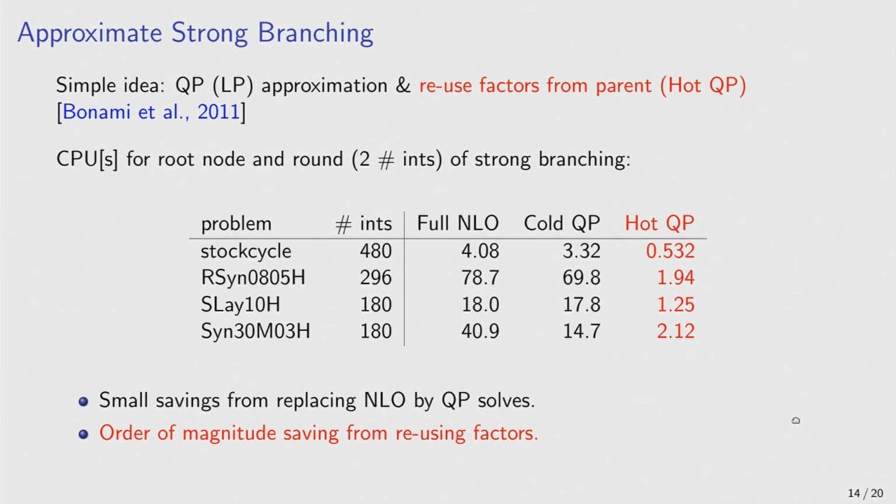So you get an order of magnitude by reusing the factorizations, the equivalent of the basis matrix, for quadratic optimization problems. And the factors there are much more expensive, which is why this difference here is so large. So in linear optimization, this difference probably isn't as large as here, but because the initial factorization is more expensive, this is much more significant.